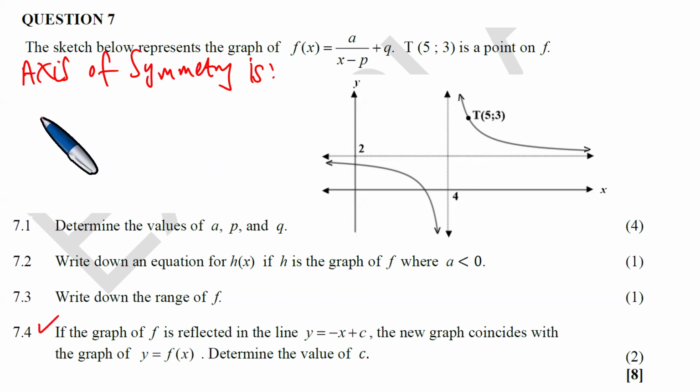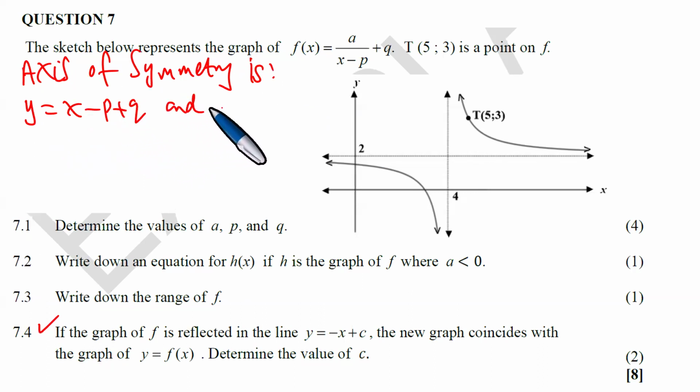There are two axes of symmetry that we learn. One axis of symmetry is y equals x minus p plus q, and the other one is y equals minus x minus p plus q.